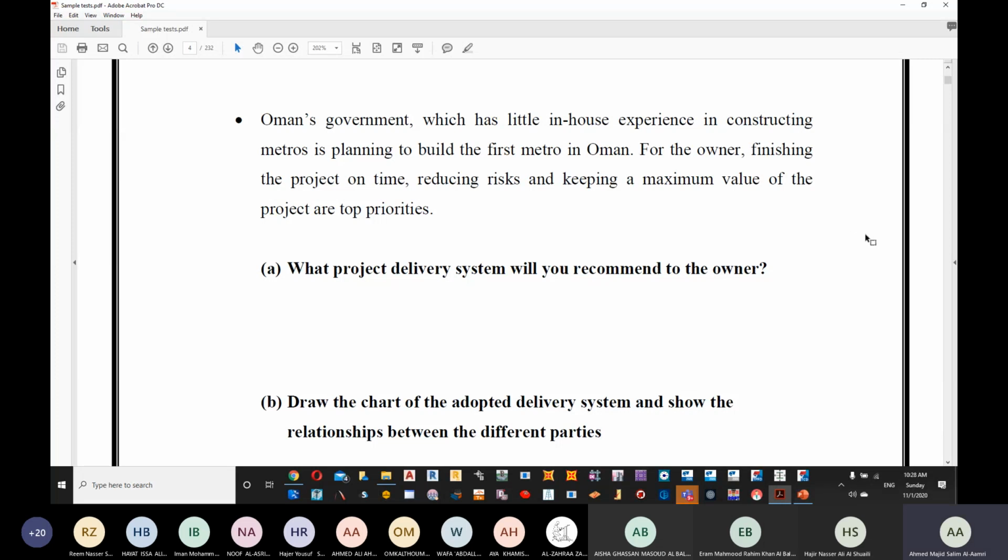Now for the last method, whom will take the risk, do you think? In design build, who is going to be the person to take the risks? Once again, in traditional, we say the maximum risk goes to the contractor because we signed an agreement with him from the beginning.